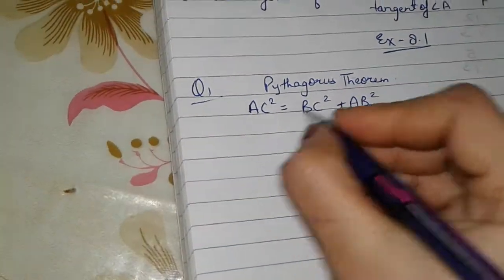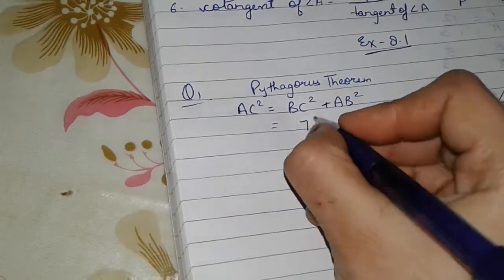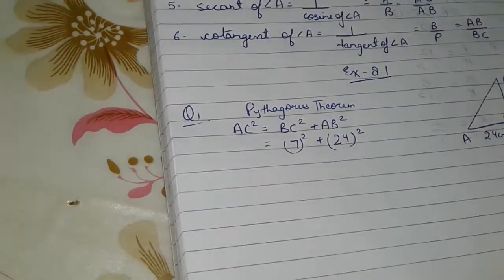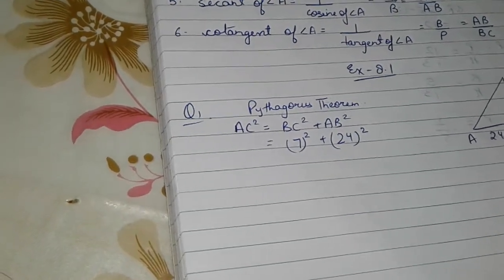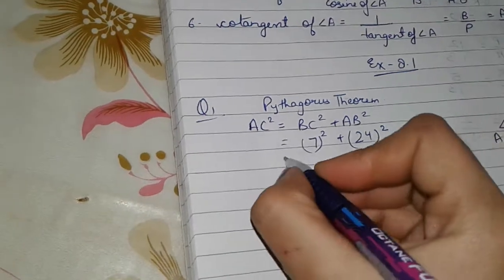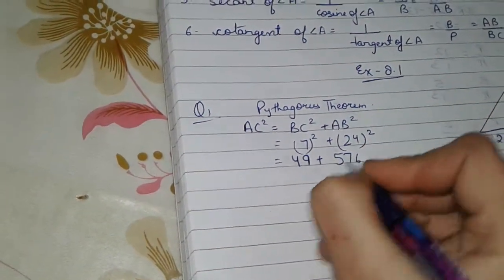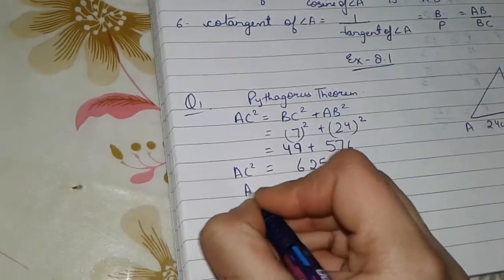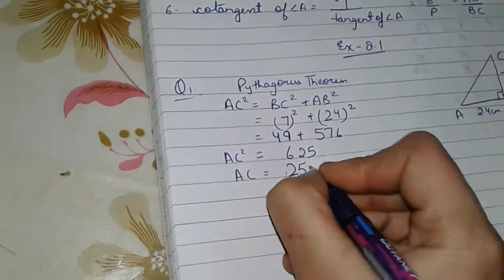BC is 7 square plus AB is 24 square. 7 square is 49 and 24 square is 576. We will get 625. AC will be the square root of this, which is 25 centimeter.